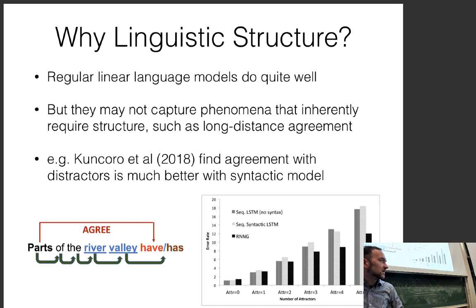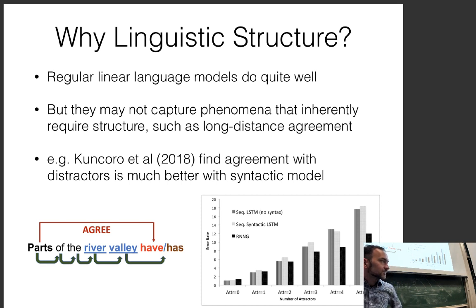They created sentences where there were distractors in between the actual syntactically related words. In this case, you have "parts of the river valley have or has." The answer here is "parts have," but if you just take the valley, it's "the valley has." So they calculate the probability of each, and see whether the model gave the correct one a higher probability than the incorrect one.